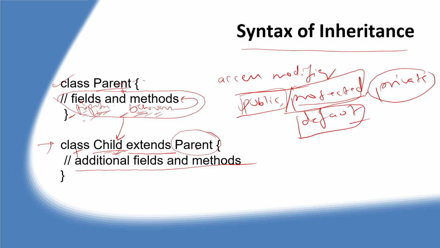So protected is mostly used in inheritance. If we are using the protected access modifier in properties and behavior, that means all child classes, no matter where they are present, can access all properties and behavior which are defined protected.